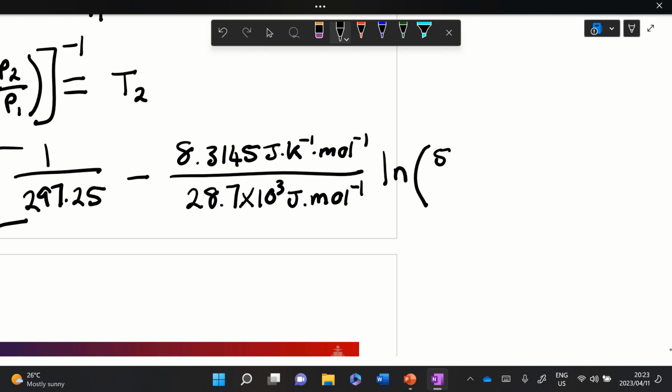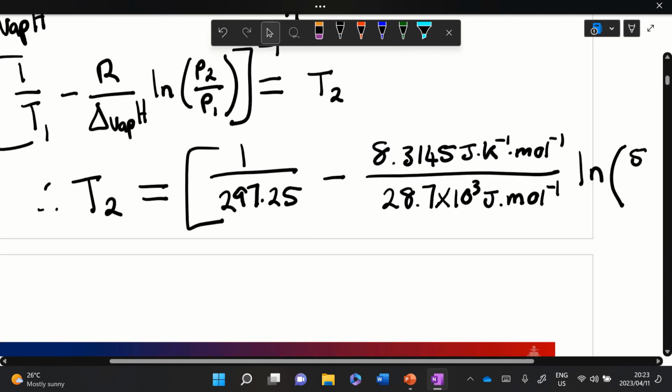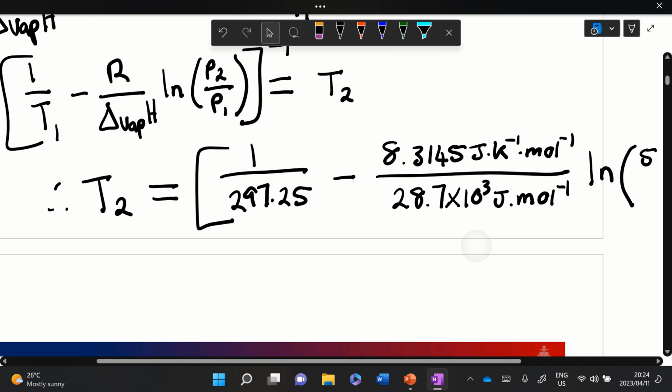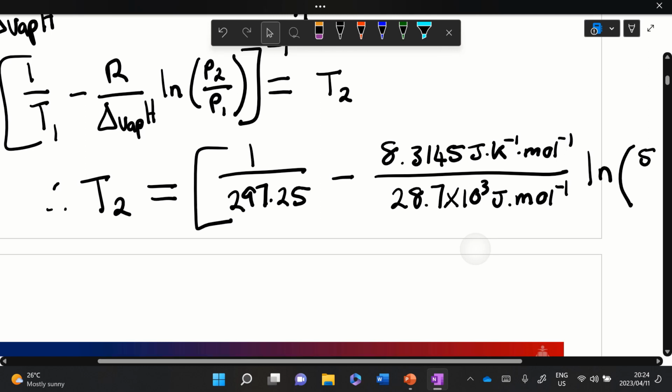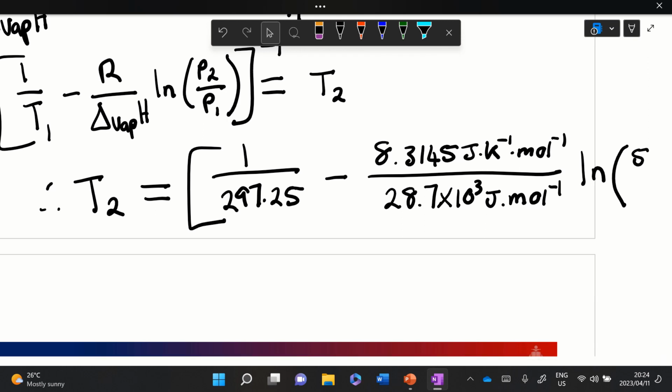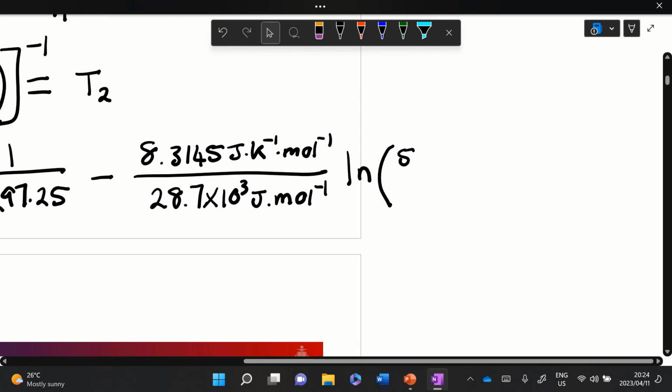So then we just have to remember which one did we put. We're calculating T2, and T1 is 24. Then it should be 70 on top.